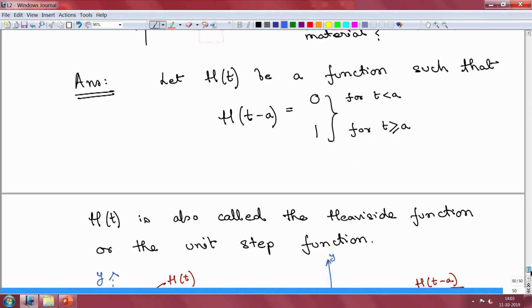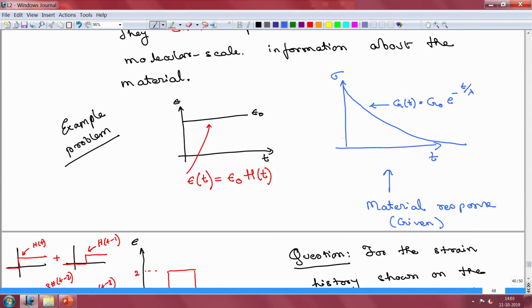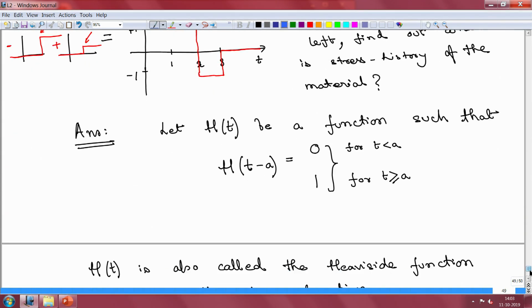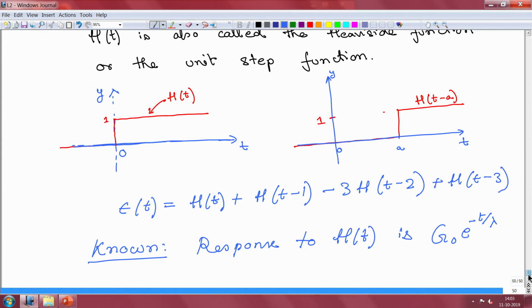If you just go up, this functional form was provided to us, and this functional form is the stress relaxation curve for this function here. Actually, to be mathematically fully correct, this is epsilon naught, and the epsilon naught value is 1 in this case.